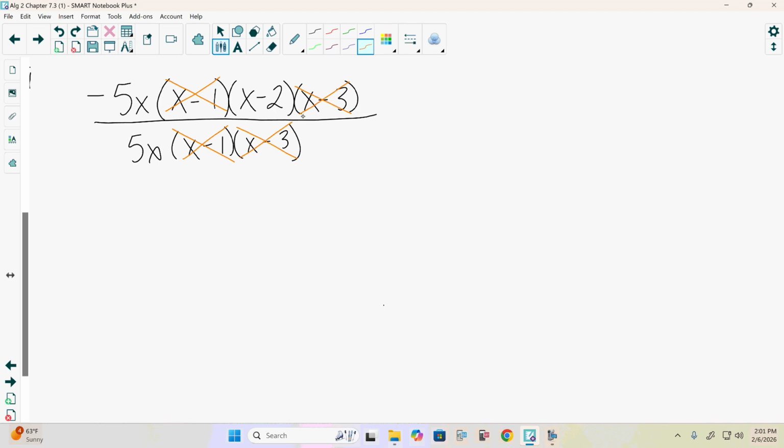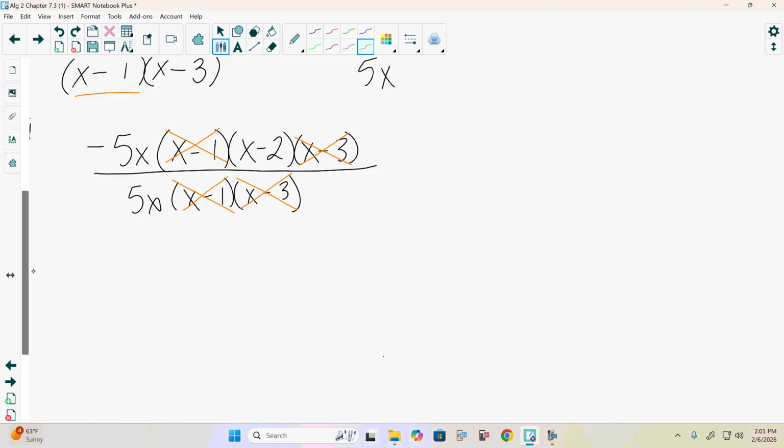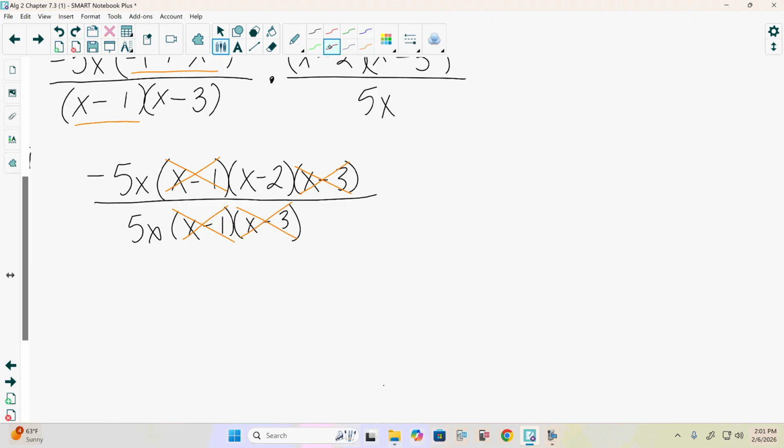Now the question is the negative 5x and 5x, would they simplify? They would, because the negative 5x, part of it is 5x, but really it's being multiplied by what? Negative 1. So sometimes we're used to, by this point, especially seeing it as negative 5x as one term, but it's really a negative 1 times 5x. So we can say that the 5x and 5x, because those are just the same, will cross out, but what do we have left over?